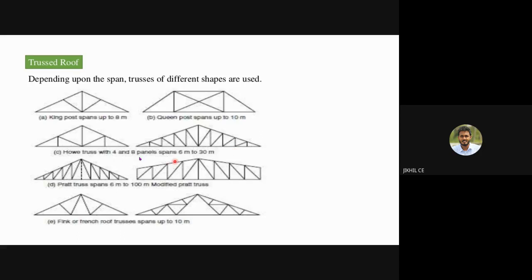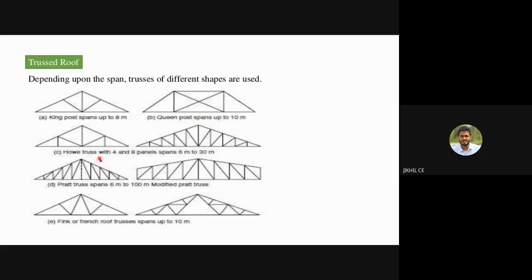Those include the king post truss, and this type of configuration can be used up to a span of 8 meters, having an outer triangle and one vertical and 2 inclined members for the king post. If you want to increase the span from 8 meters to 10 meters, you have to go for the queen post truss. A span is basically the distance from end to end. So for 8 to 10 meters, the most preferable truss is the queen post truss.